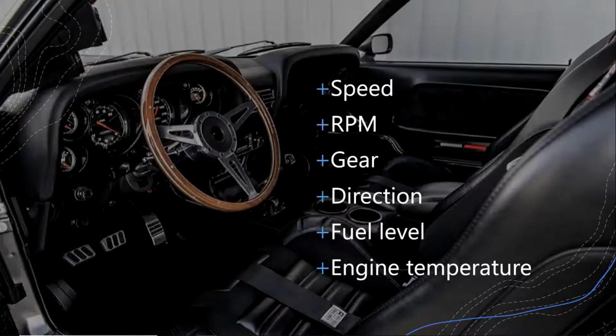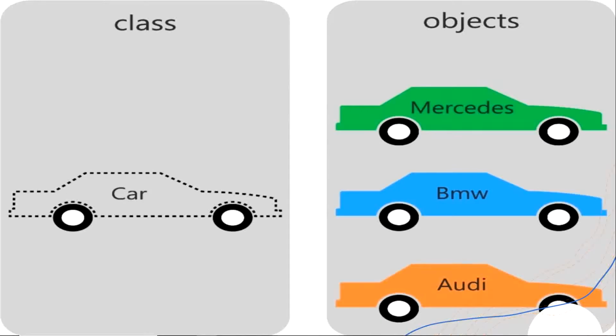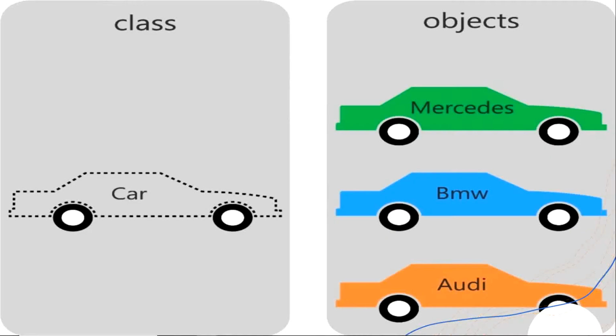Let's now understand what a class means. A class is nothing but a collection of objects. This Audi, Mercedes, BMW, these are all objects, and these are all commonly cars. So here the class is car and all these brands are the objects. A class can be defined as the blueprint from where you can create an individual object.